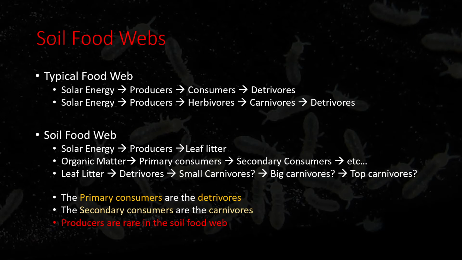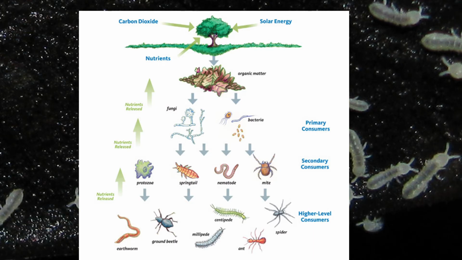So I'm going to show you what this looks like with some pictures. Everyone likes pictures. So here's an example. We've got the solar energy being taken in by those plants, and that organic matter is being left behind.